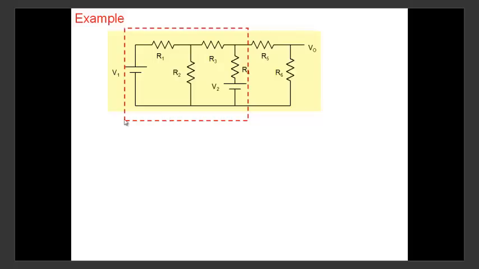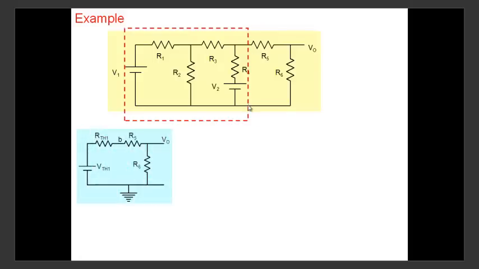One way I'm showing you: I could take this block that you see here within the dotted lines, and I can apply Thevenin's theorem here, right? This whole block can be converted into a Thevenin's voltage and a Thevenin's resistance. So this whole circuit, if I apply Thevenin's theorem, can be reduced to this particular circuit here: V Thevenin, Thevenin resistance, and R5 and R6 are still there as before.